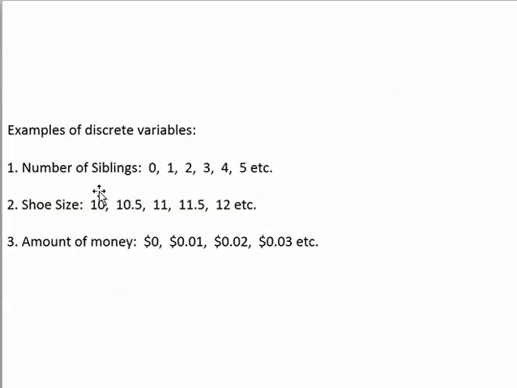A person could have a shoe size of 10, 10.5, or 11, but a person couldn't have a shoe size of 10.1, 10.2, 10.3, or 10.6. A person could spend 0 cents, 1 cent, or 2 cents, but a person couldn't spend a dollar amount like 0.003 or 0.012.